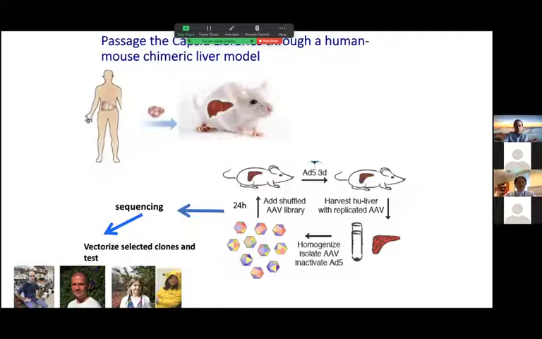What we found was that, based on the human clinical data that had been published with AAV2 and 8, studies that we participated in, the humanized mouse, at least in these two examples, appeared to recapitulate what we saw in the human, which the mouse really didn't.